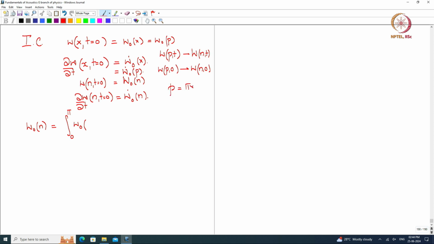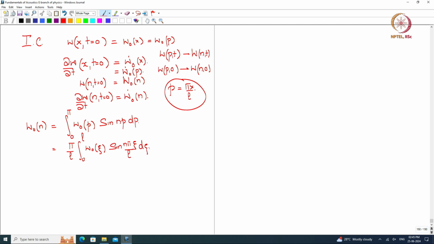P is pi x by L. So W0 of n, first of all, is the integral of W0 of p sine np dp as before, and in terms of x, this is equal to pi by L integral 0 to L this time of W0 of xi, which is equivalent to x, sine n pi xi by L d xi.